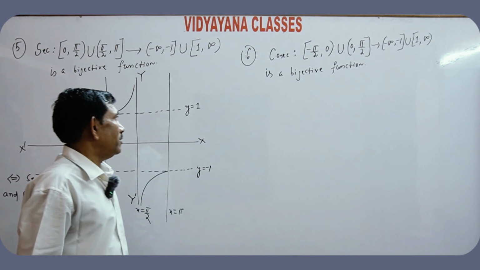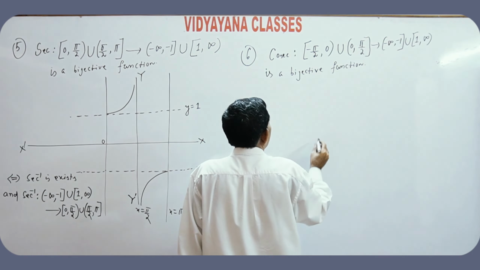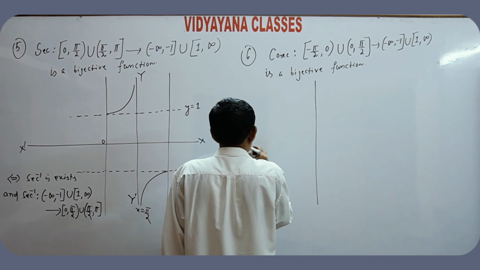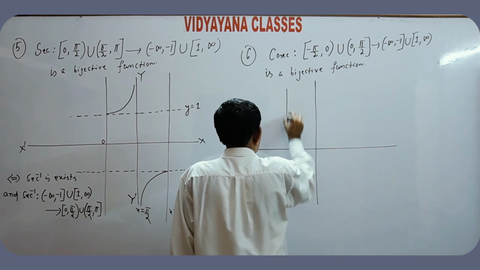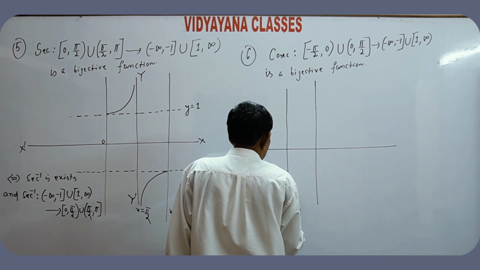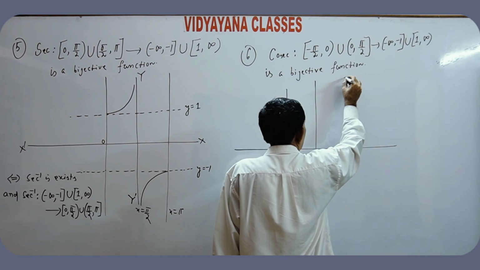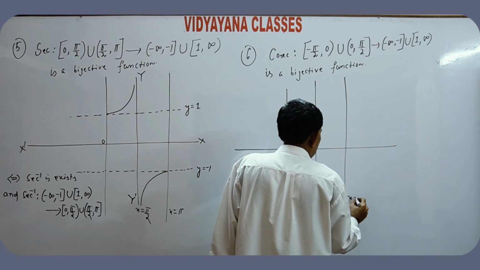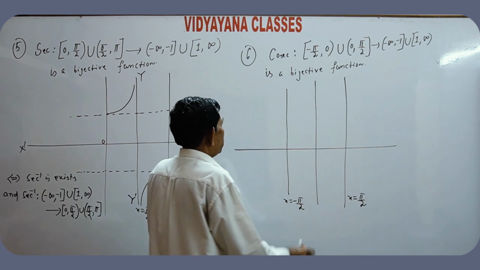It will be clear from the graph. What is the graph of the cosec function? X is equal to minus pi by 2, x is equal to plus pi by 2, minus pi by 2, 0.